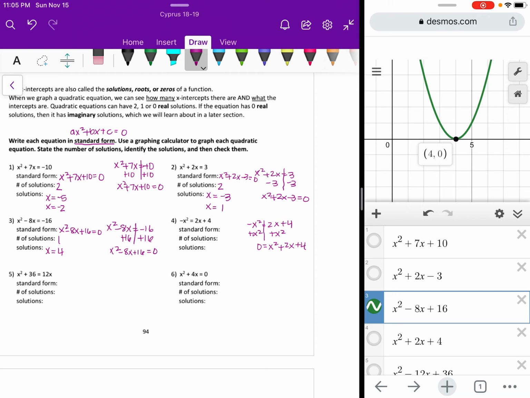Now on this one, we have 0 equals x squared plus 2x plus 4. That's the same thing as x squared plus 2x plus 4 equals 0. Those two things are the exact same. So with standard form, I could write x squared plus 2x plus 4 equals 0. I have run out of room. I apologize. Let me fix this up a little bit.